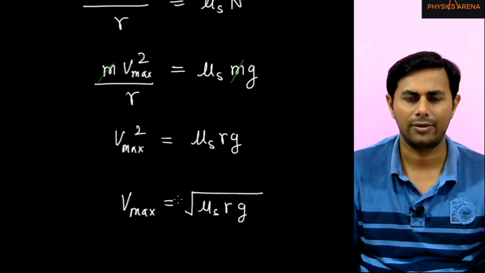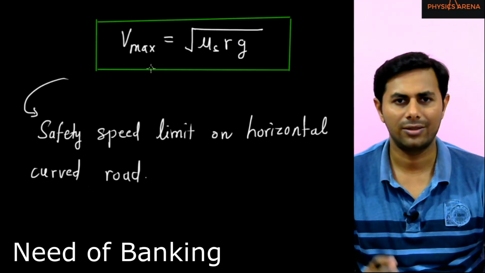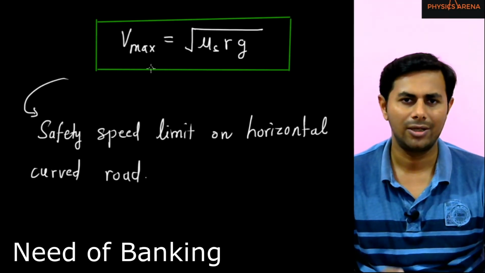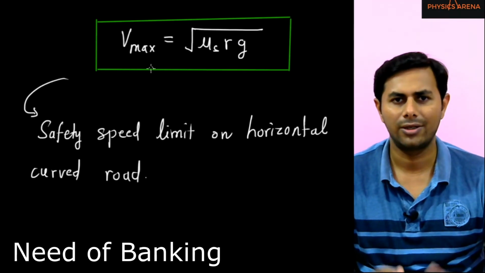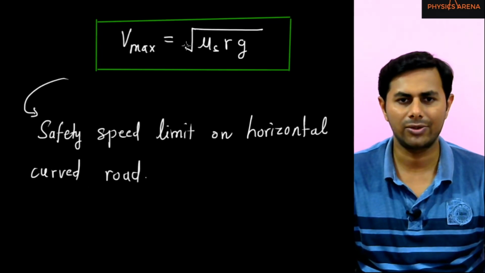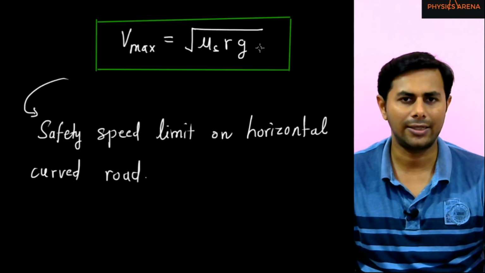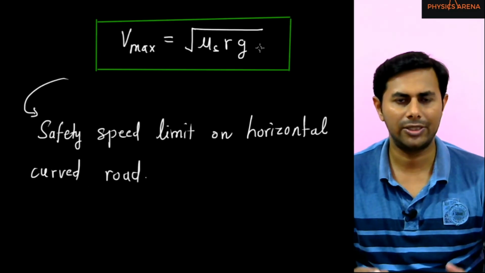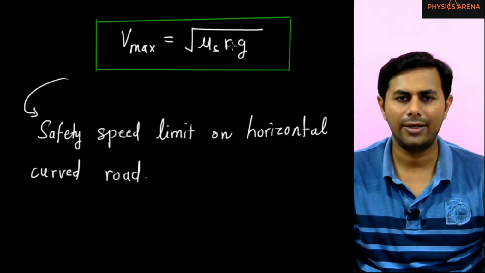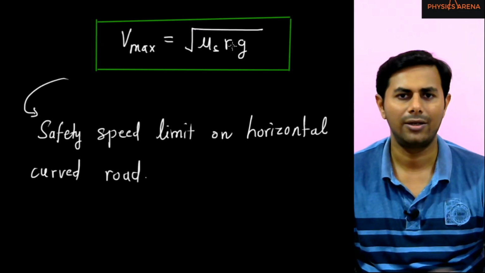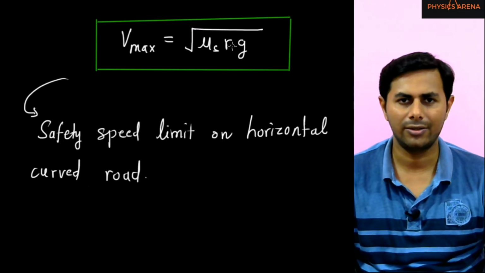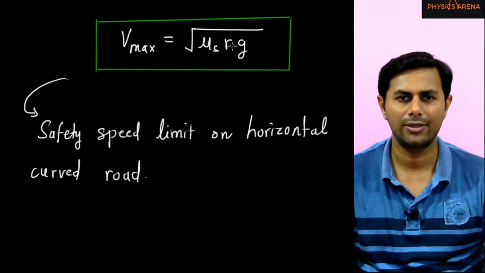Now we have seen that the safety speed limit for a horizontal curved road Vmax is equal to square root of mu s into rg, where g is acceleration due to gravity, which is a constant, r is radius of curvature, and for a given turn we can say that it's a constant.